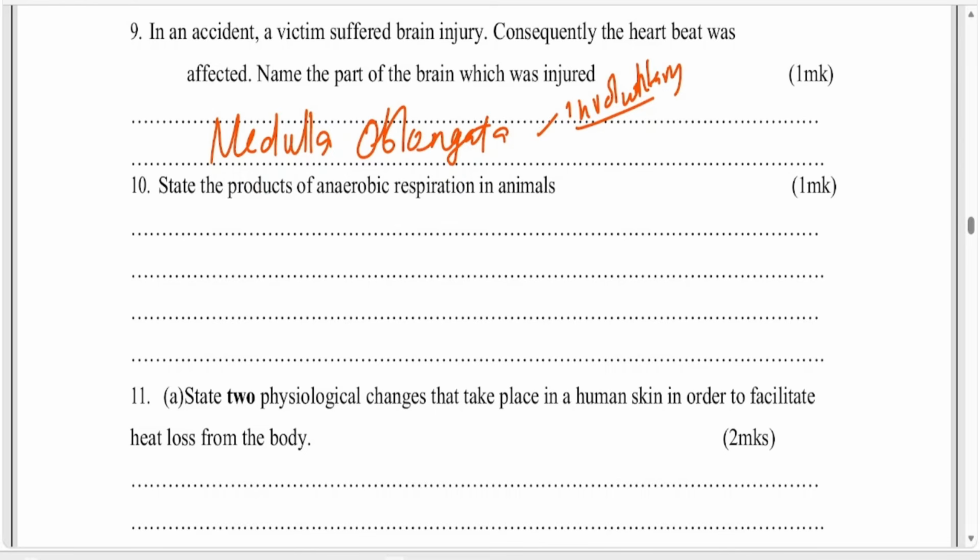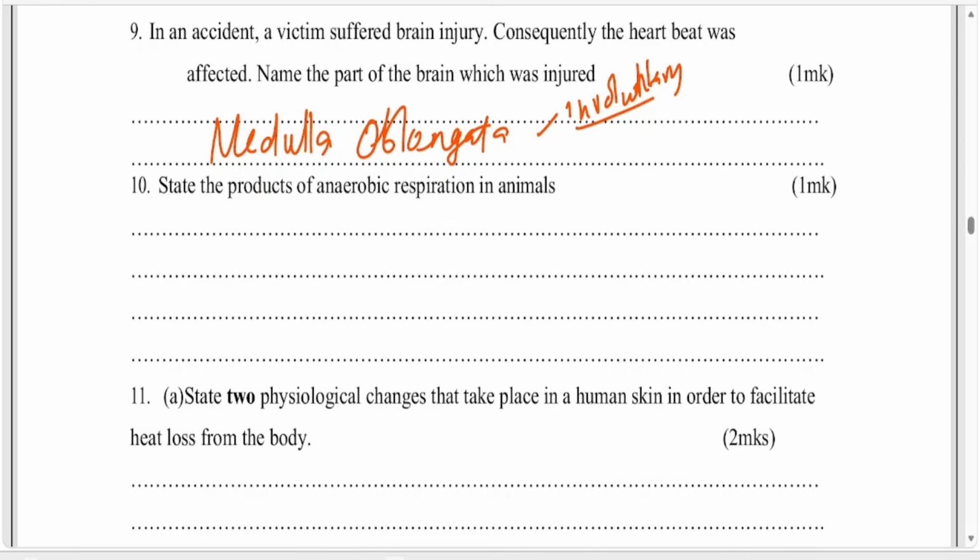So that part is different from medulla oblongata. Whatever the cerebrum does is opposite to what medulla oblongata does, because medulla controls the involuntary activities, while cerebrum controls the voluntary activities in the body. So the correct answer to this question was medulla oblongata.